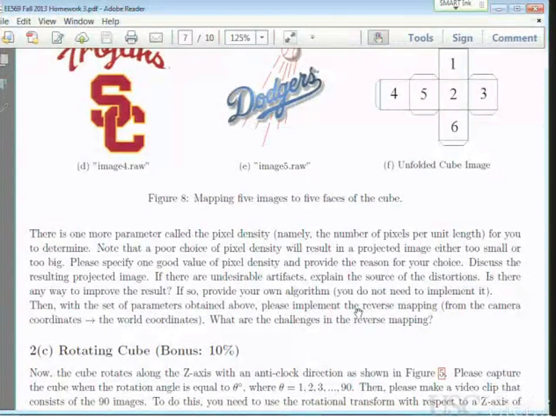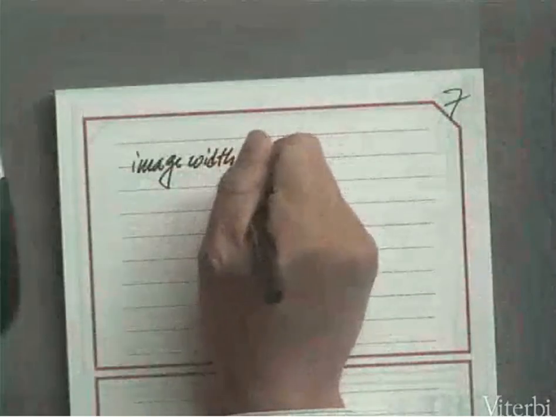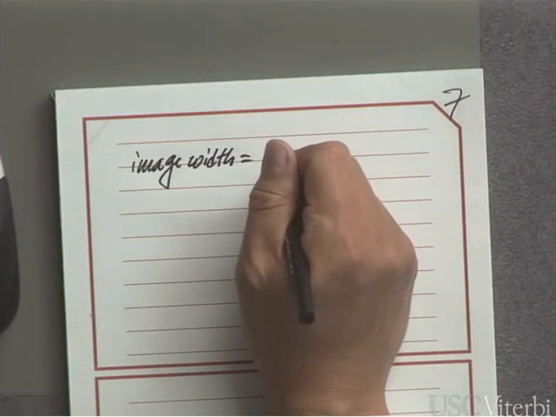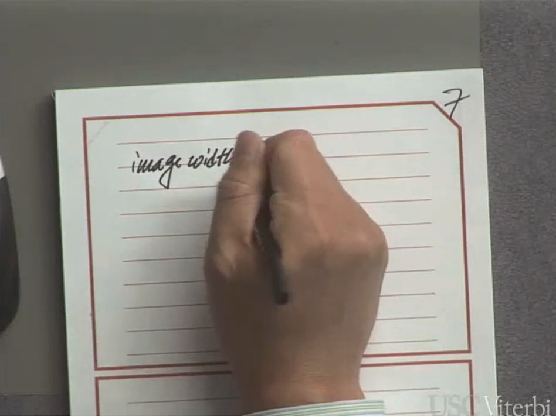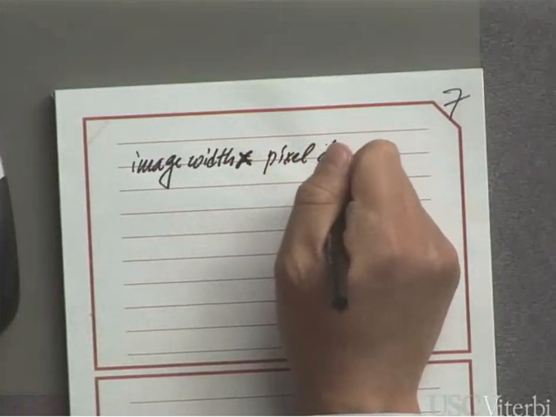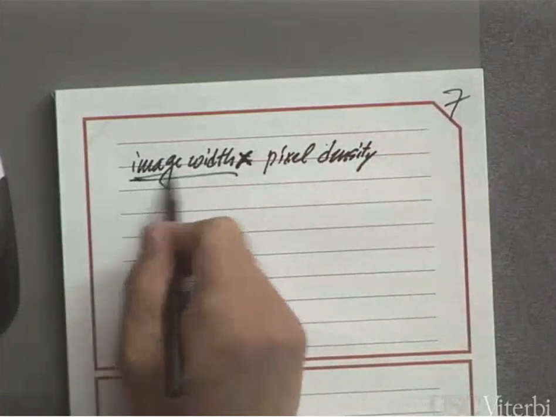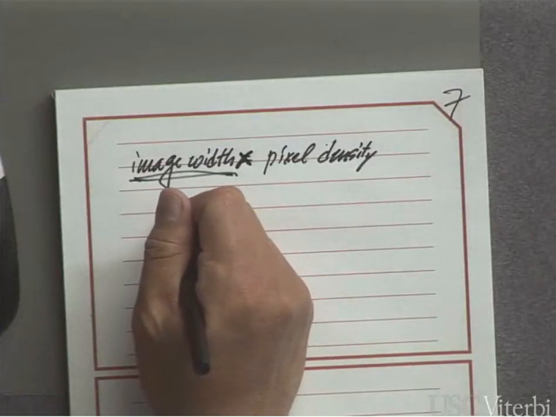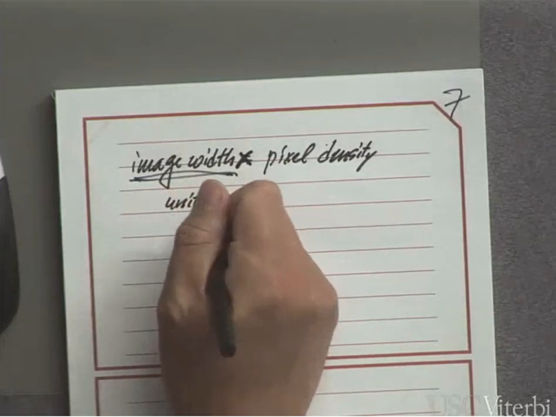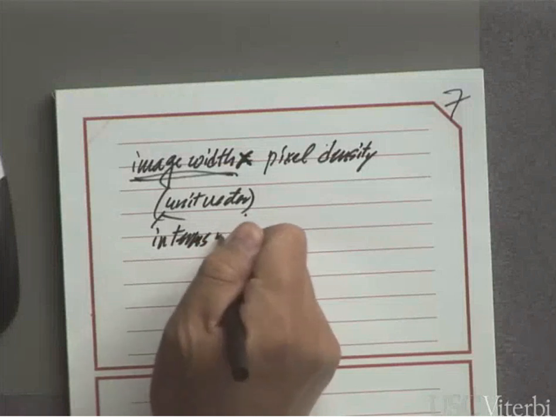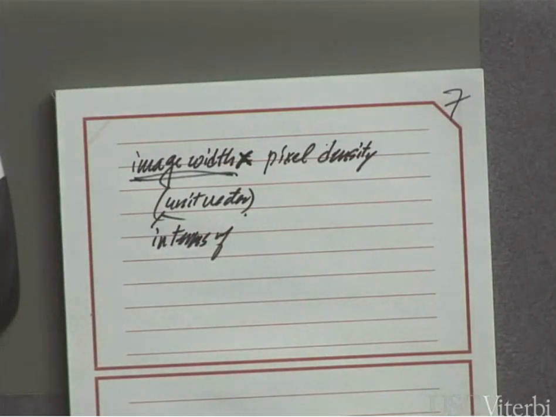So the image width is equal to the image width times the pixel density, but this image width is real, in terms of the unit length in the space, say 1 inch, half an inch, those kinds of things.